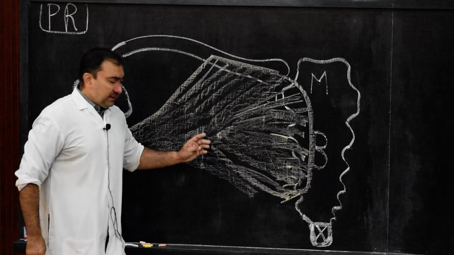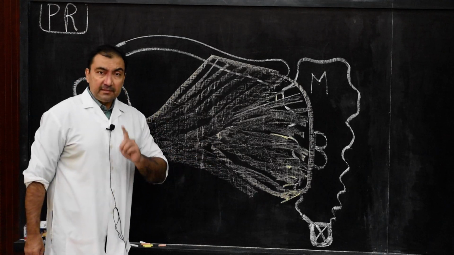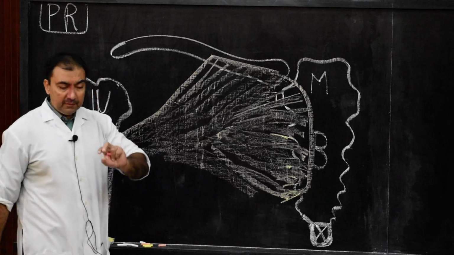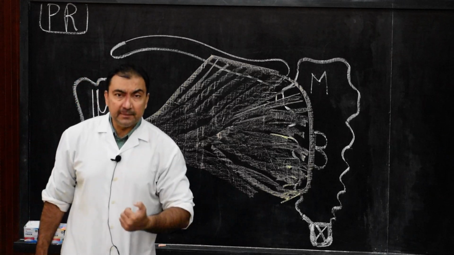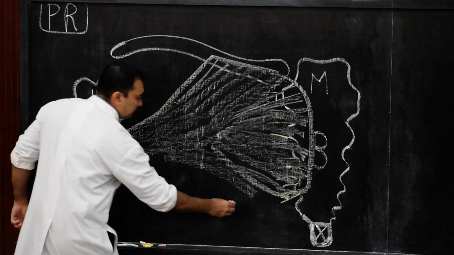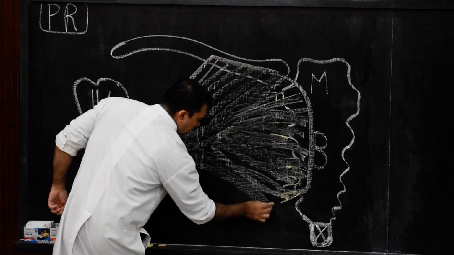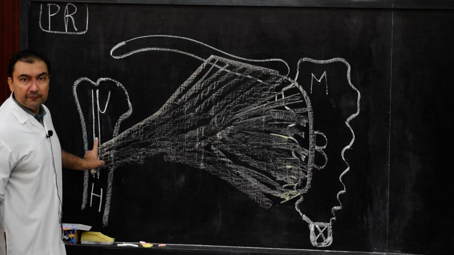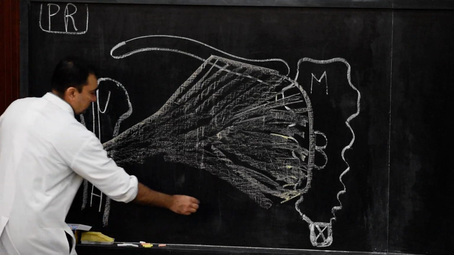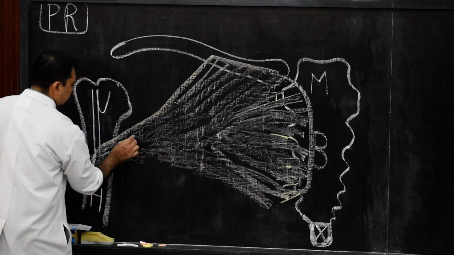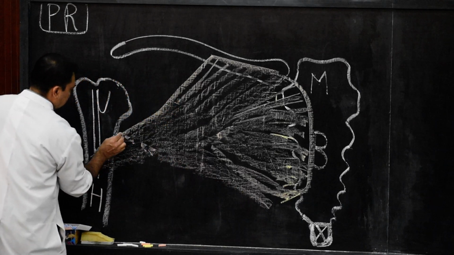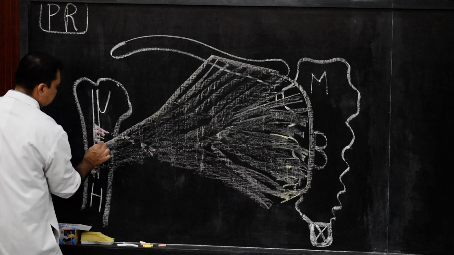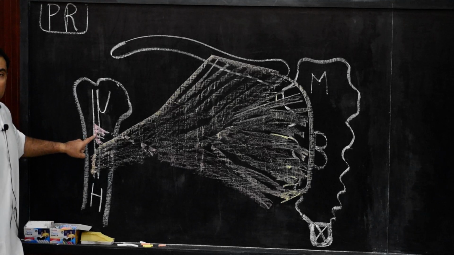Now, where will these posterior lamina fibers be inserted? Remember, the posterior lamina is inserted on the bicipital groove in such a way that it is twisted. How twisted? The lowermost fibers of the posterior lamina will be inserted at the highest level of the bicipital groove.